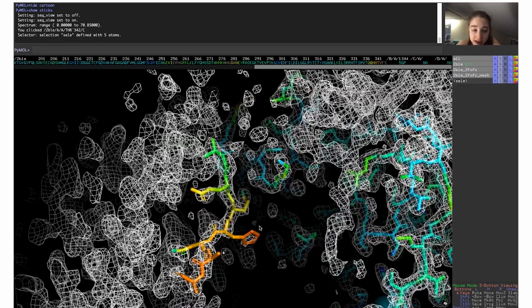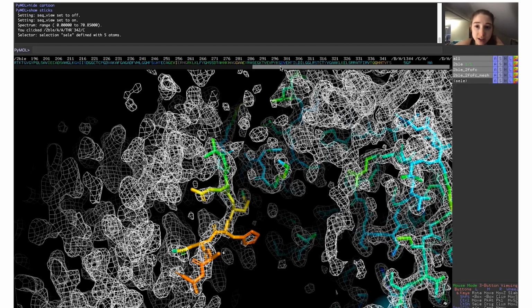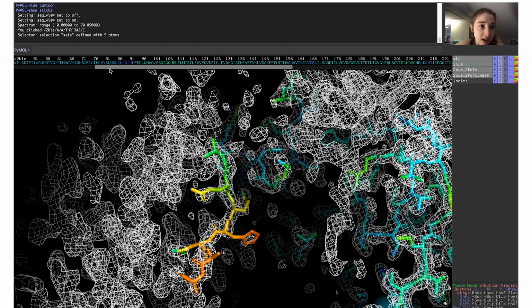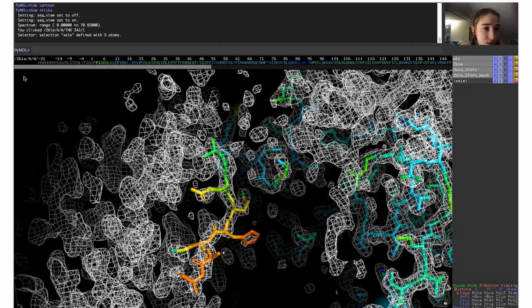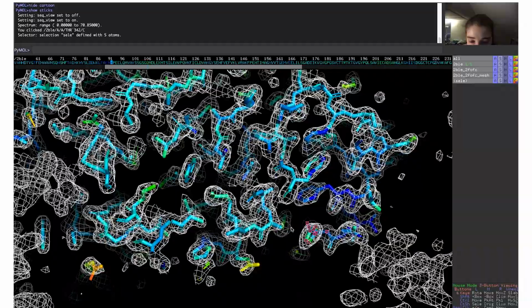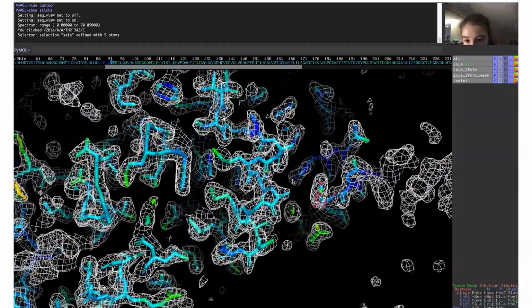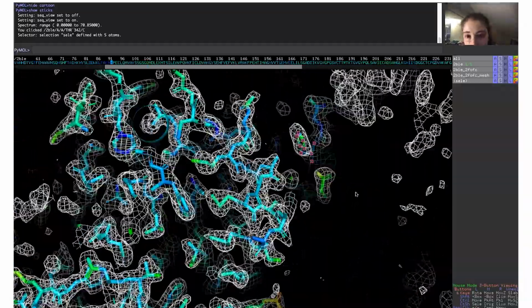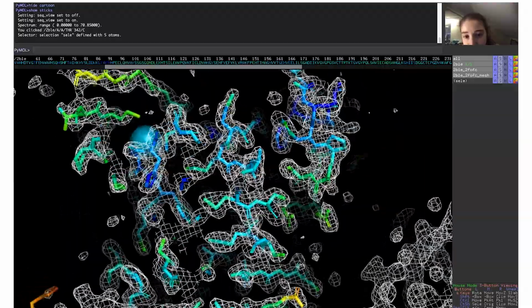But the point is that if you were to look at a histidine in a region that had a lower B factor, somewhere where we're looking at a dark blue, here we can make out the positions of that side chain much better than we could in the region with a high B factor.